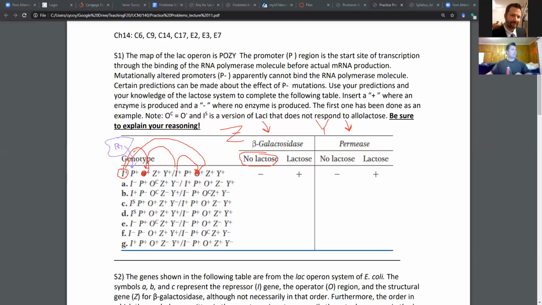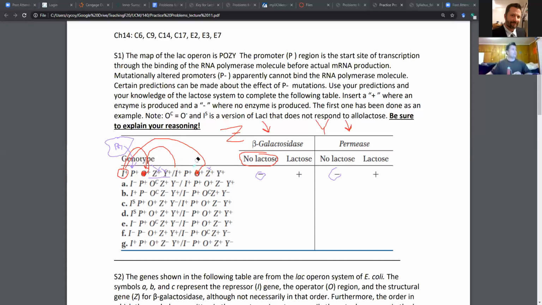And since the polymerase isn't getting down here, by definition we don't have transcription, because that's what the polymerase does. So we get no product. Thus, that's why we're getting this and this, because both the Z and the Y are shut down. All of this is shut down when lactose is not present in this wild type scenario. Again, this should be review.